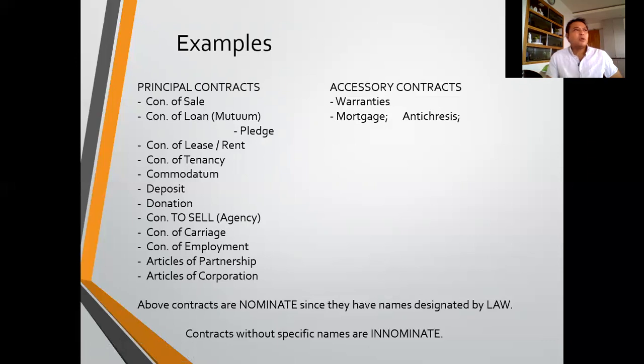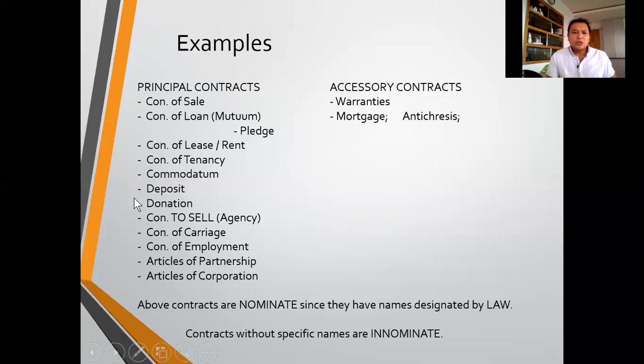Like there's a warranty called ejectment. If somebody ejects you, so if you're selling a property, you warrant that the buyer will not be ejected from that property. So there are warranties in a contract of sale.